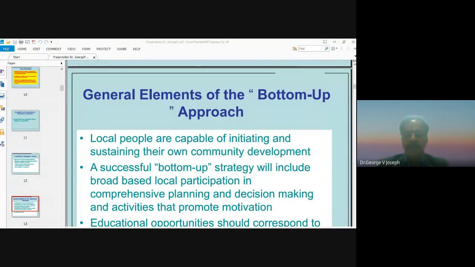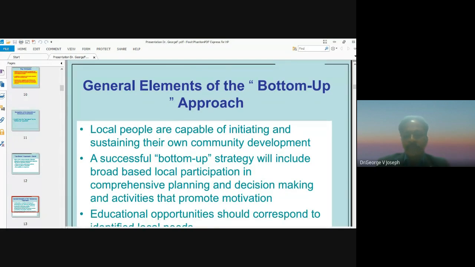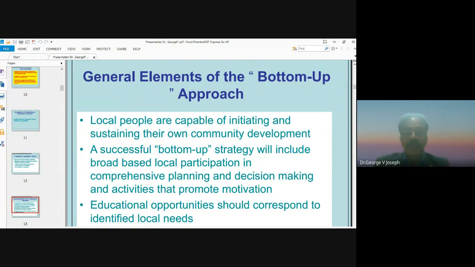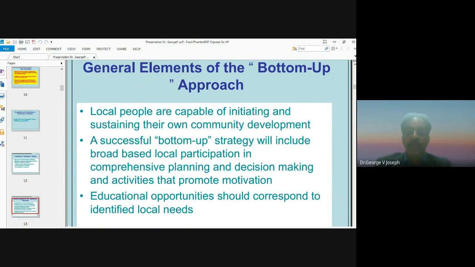Okay, so let us proceed. We spoke about the need for having a bottom-up approach. Why should people participate in risk reduction, vulnerability reduction and disaster mitigation activities? Because local people are capable of initiating and sustaining their own community development. Bottom-up strategies include broad-based local participation, comprehensive planning, and participation in decision making.